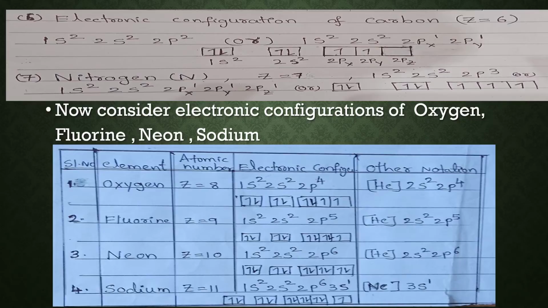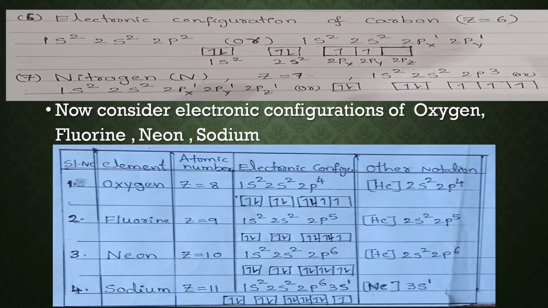Let it be 2px. Since the 3 orbitals 2px, 2py, 2pz are degenerate, the sixth electron goes into 2py or 2pz but not 2px. Thus, the electronic configuration of carbon can be written as 1s2, 2s2, 2px1, 2py1.